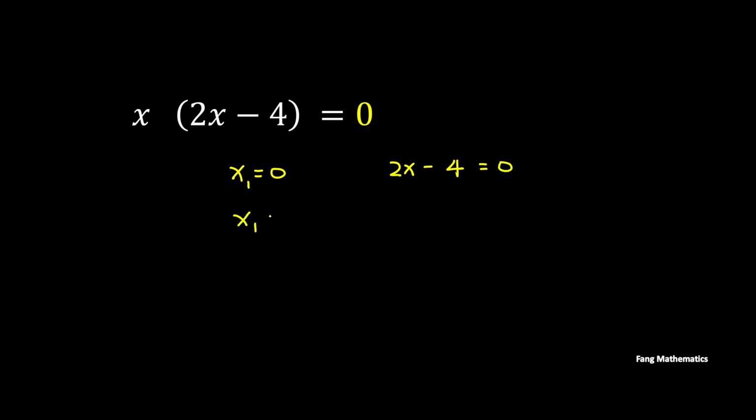I believe your x1 is straightforward. That is a 0. On the other side, you have 2x equals plus 4 on both sides. That should give you 4. And divide both sides by 2, and your x2 should give you 2. Now we put the two solutions we have together, 0 and 2. So x is an element of 0 and 2.